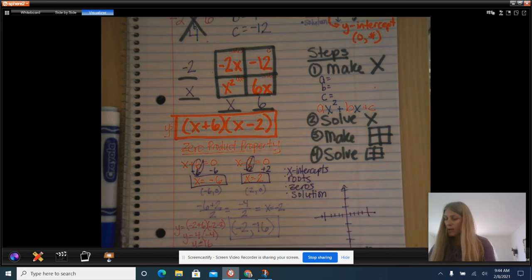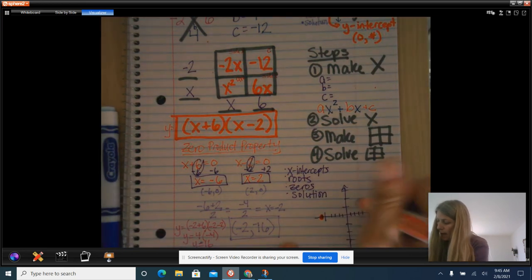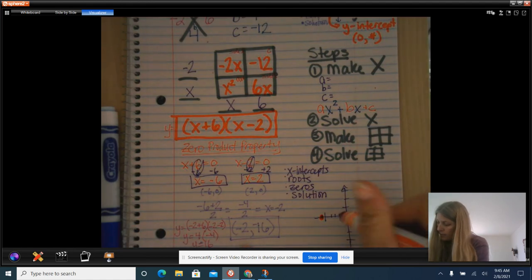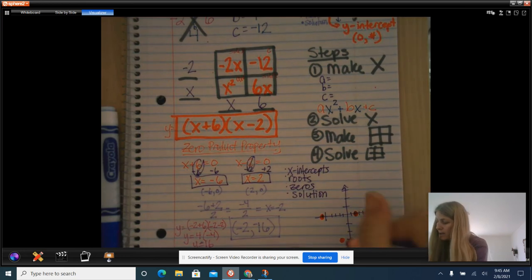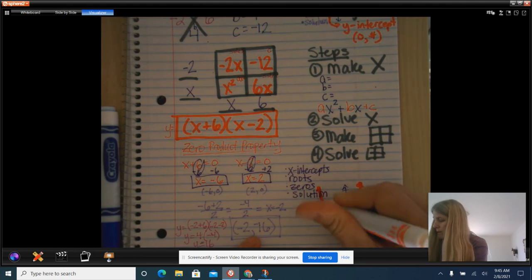Okay, and I can go ahead and graph my intercepts. I have an intercept at negative 6, and I have an intercept at positive 2, and negative 2, negative 16 is my vertex. And I can go ahead and do a smooth curve, and now I have that parabola.